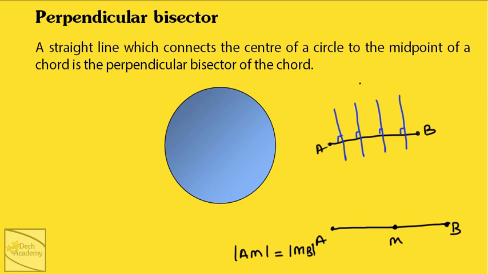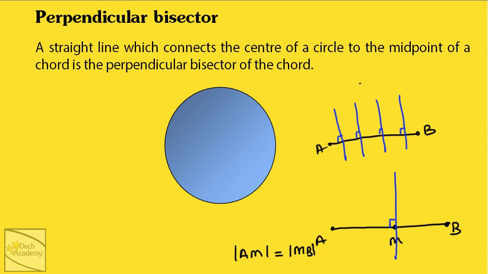So that a perpendicular line to AB, which passes through M, bisects AB. Therefore, this perpendicular line is a bisector of AB. So it's a perpendicular bisector of line AB. So that's the idea of a perpendicular bisector.